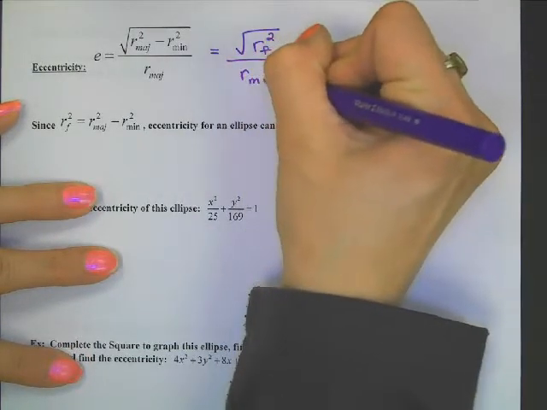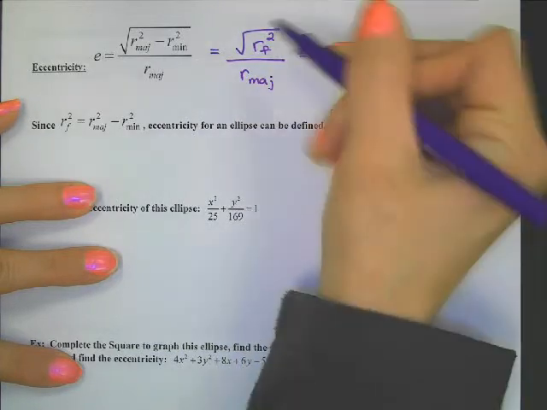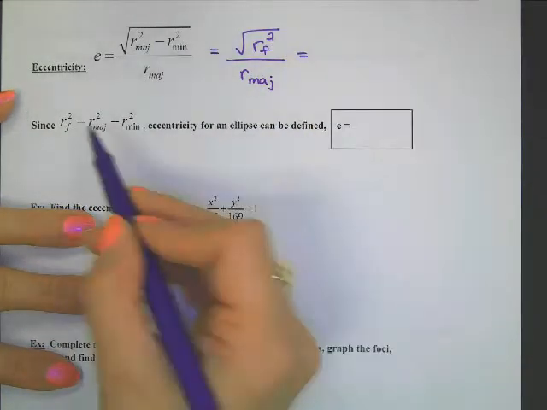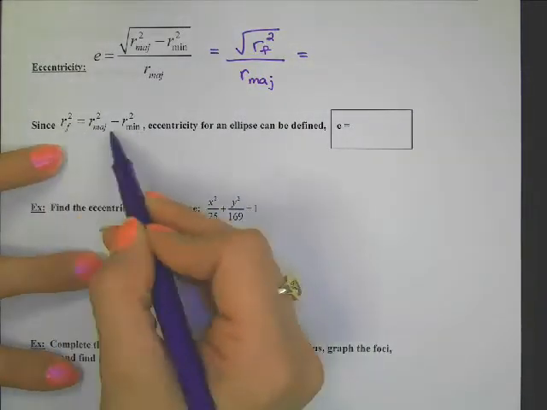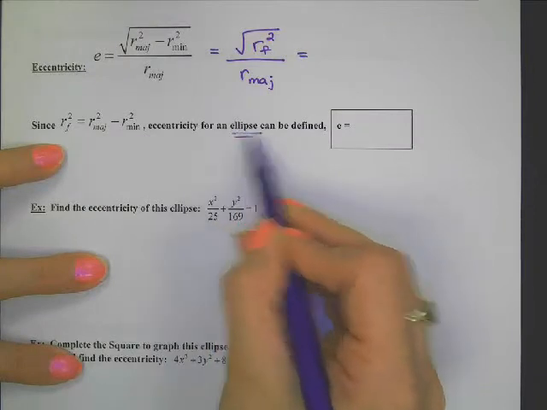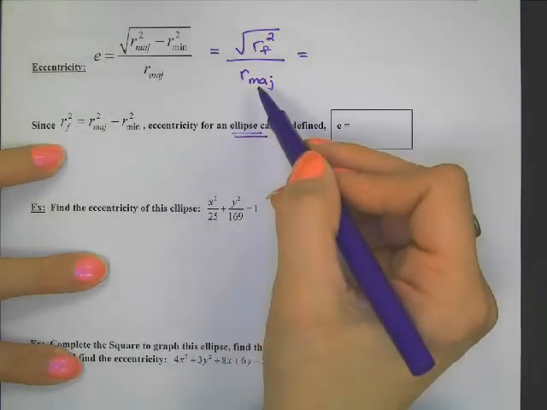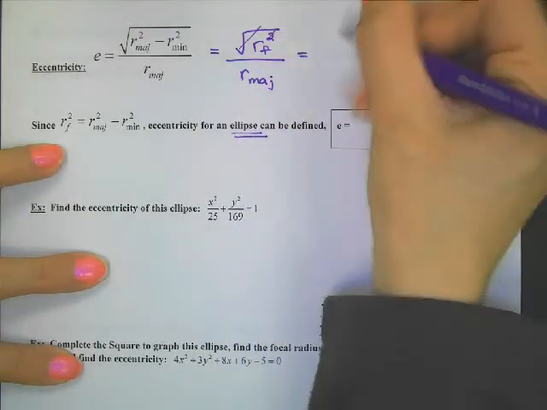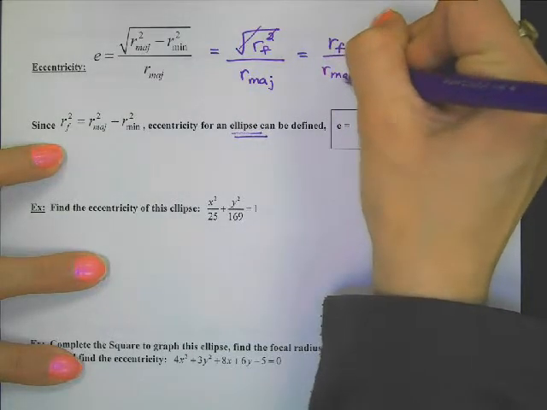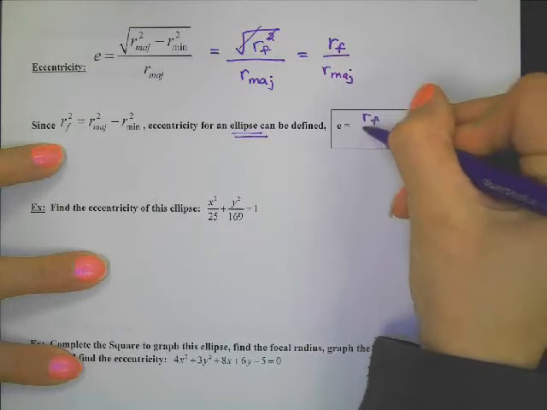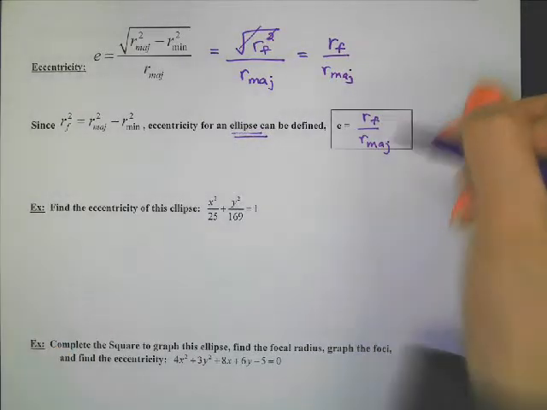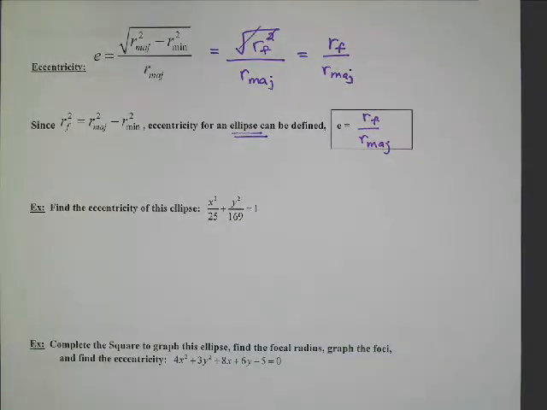Since focal radius squared can be substituted in there, the eccentricity for an ellipse actually got a lot easier. Square rooted r sub f squared over r major, which is r sub f over r major. So it's focal radius divided by the major radius.